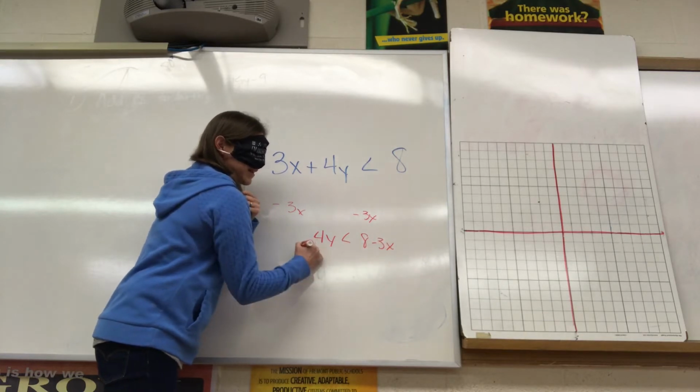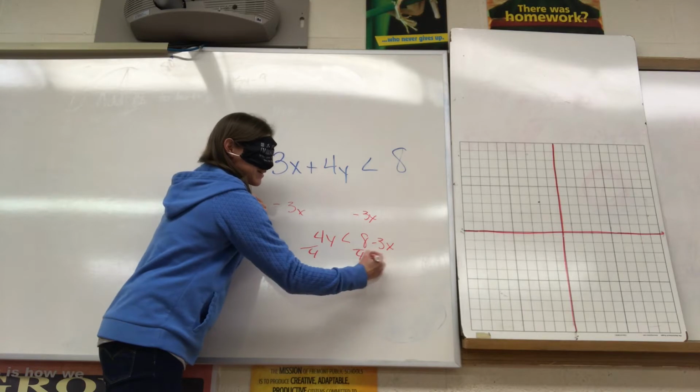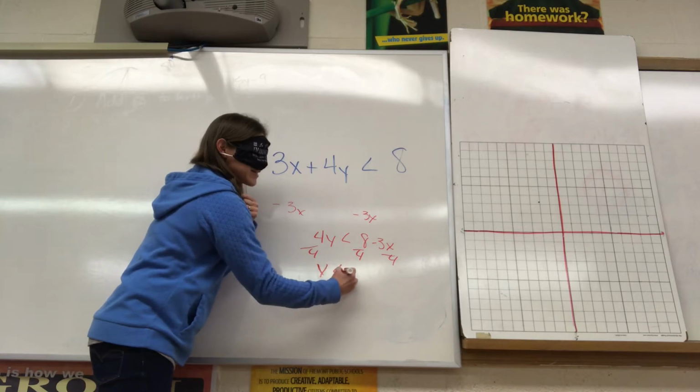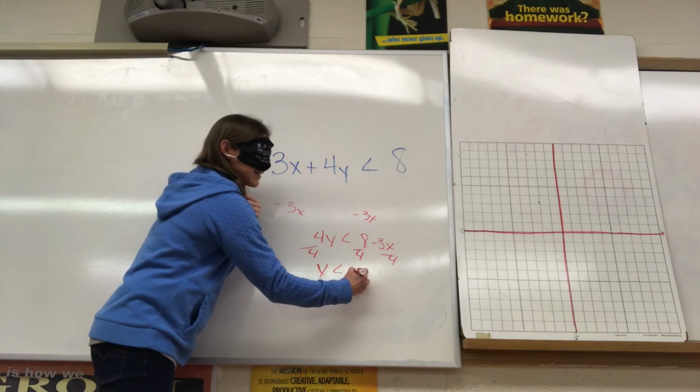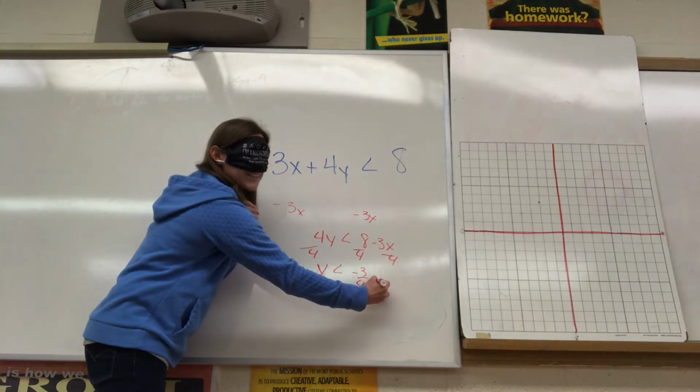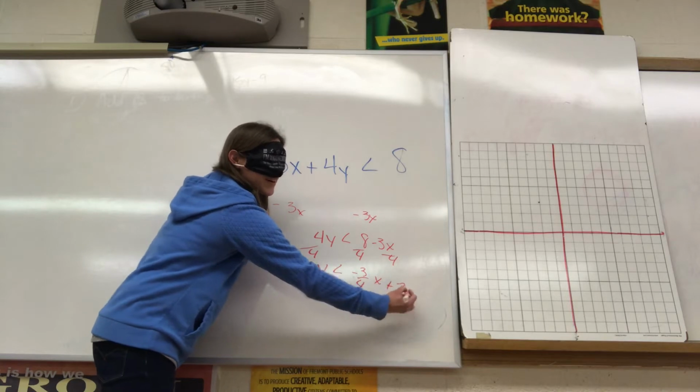And then we need to divide everything by 4. Okay, and then I'm going to switch those around. I'm going to go y is less than negative 3/4 x, and then the 8 divided by 4 is 2.